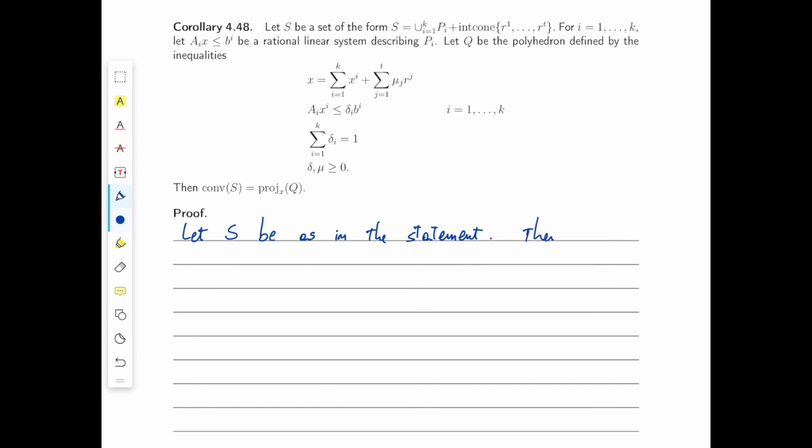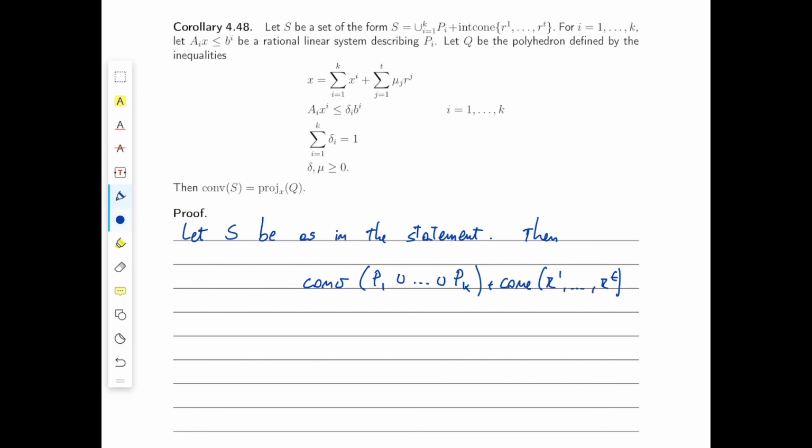Then, the way I want to write conv S is the following. conv(P1 union ... union Pk) plus the cone of R1, ..., RT. And so what do we know about this set?